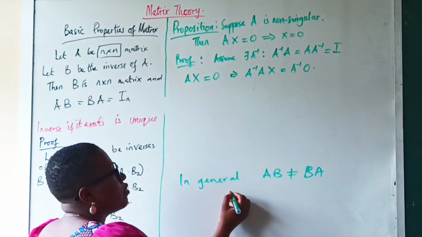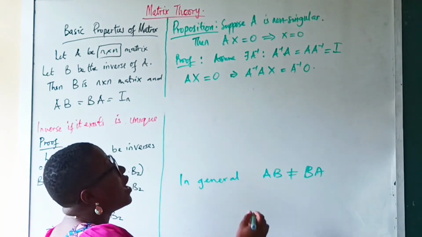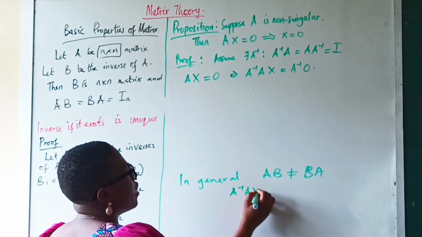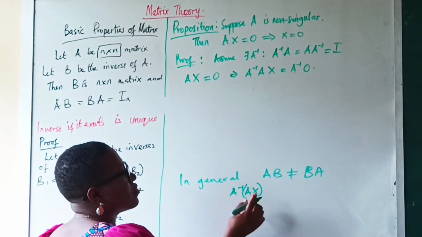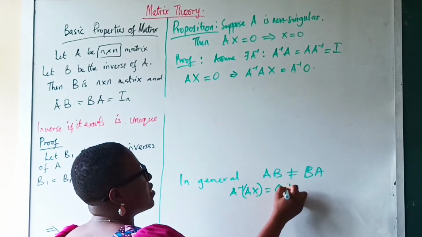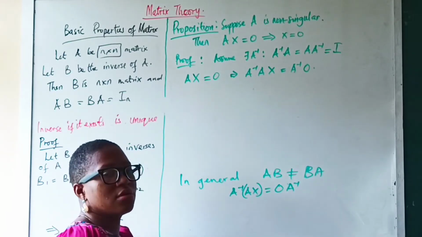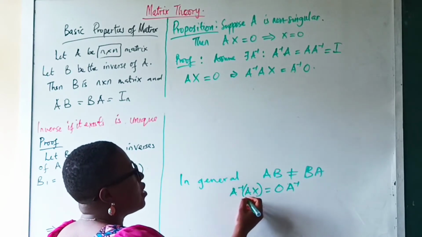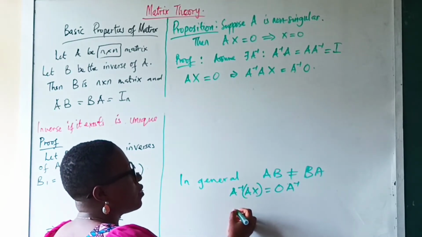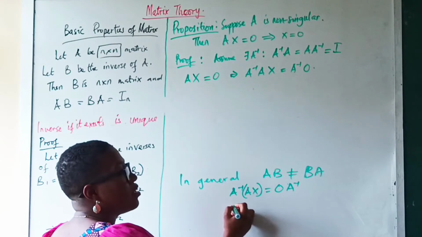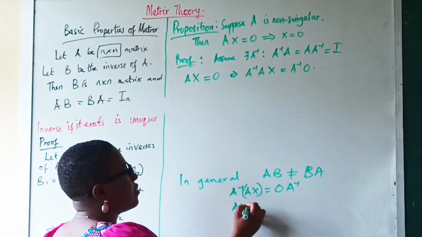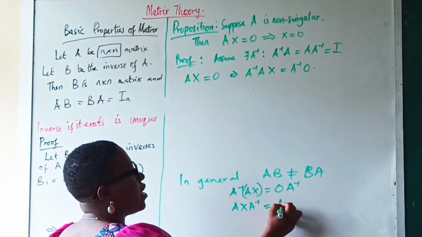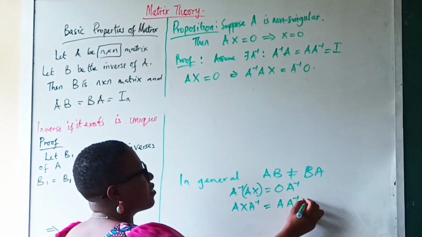So, in this case, I cannot say A inverse times AX, which we are seeing as one matrix, is equal to 0 times A inverse. I cannot say A inverse times 0. No, it will not be correct. I cannot say AX A inverse is equal to A inverse X.